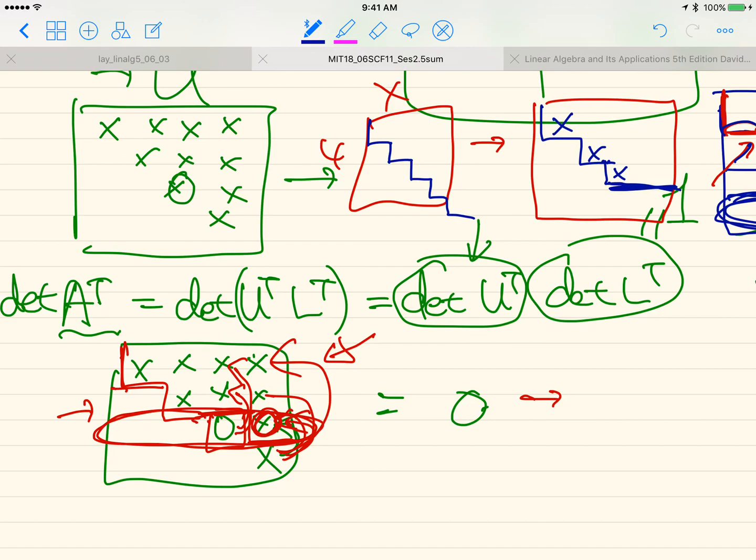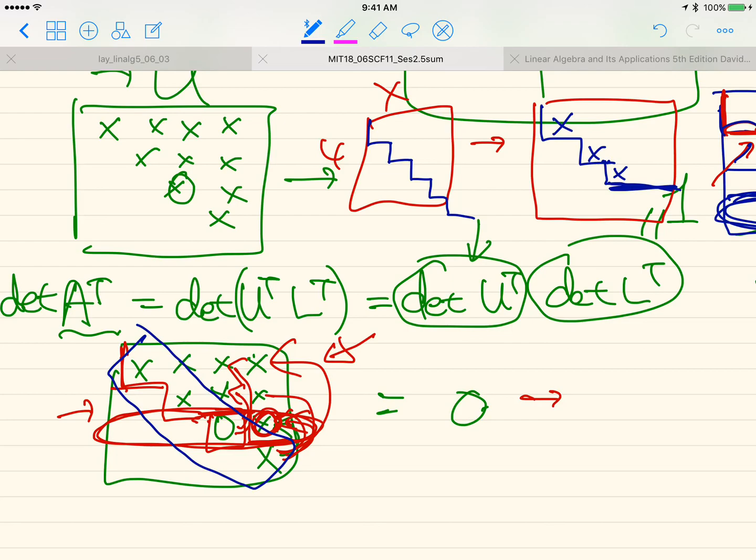Back to this U where some diagonal entry contains 0, this will have 0 determinant.